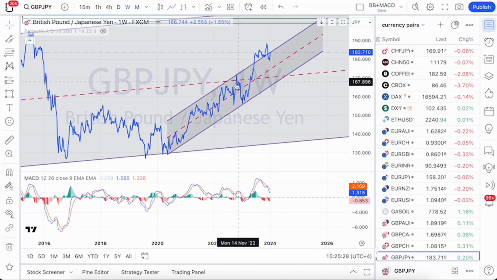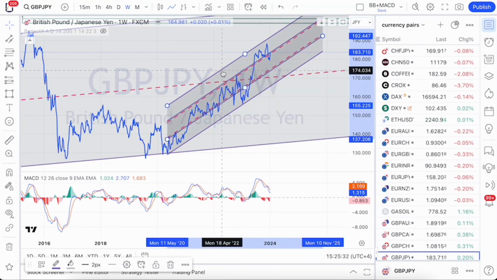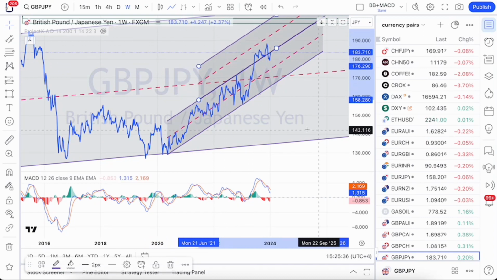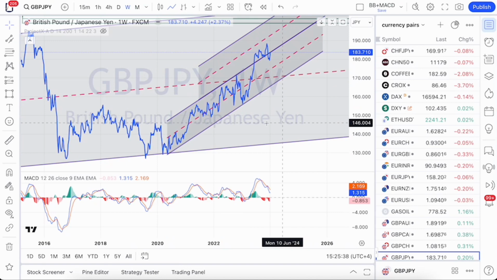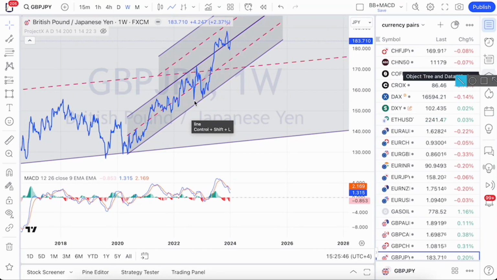So when we have a breakout, we can clone and apply the second rising channel on top of it. Now here is the current ongoing cycle: first wave up, second wave down, third, and continuing wave fifth to complete the cycle.